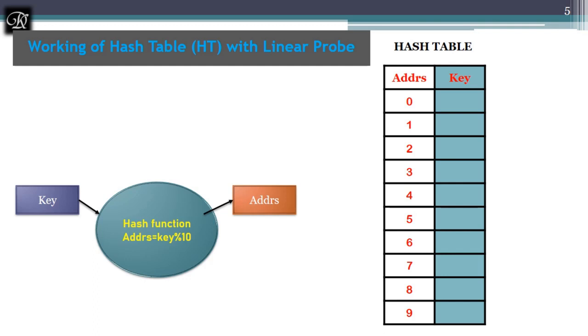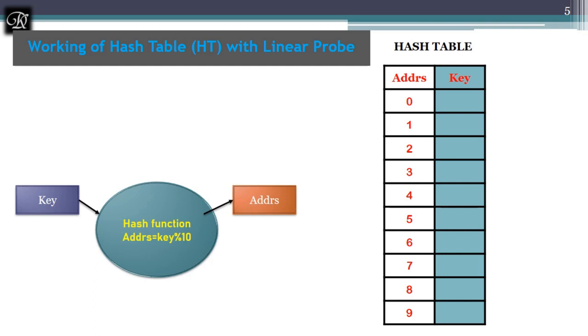Let's see the working of a hash table with a linear probe. Here the question was designed for a 2-digit hash key and 2-digit address, but we have taken only a 1-digit address, because if we go for a 2-digit address, we need 100 locations for the discussion. That is quite difficult to fit in a slide.